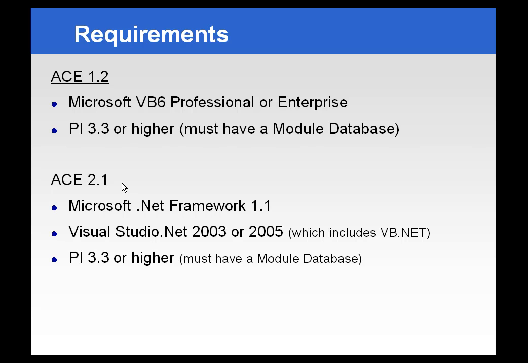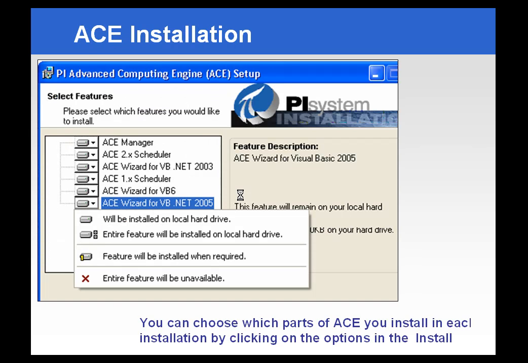ACE version 2. Both versions of the applications do require a Pi server of version 3.3 or higher, and that's because it must have a module database. When you install ACE, you can select which functions, which applications or elements you do want on the particular machine you're installing on.